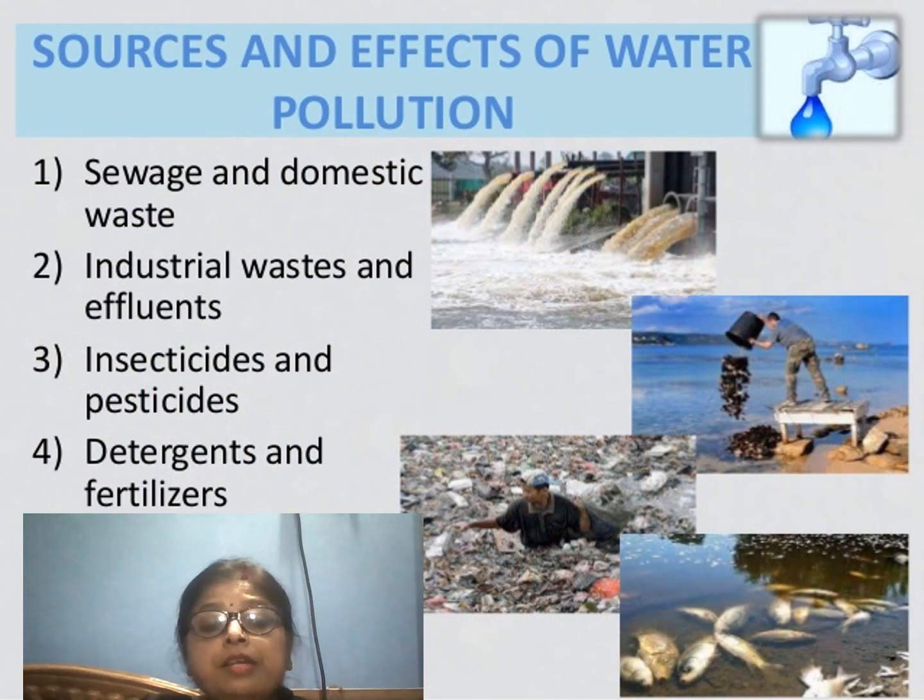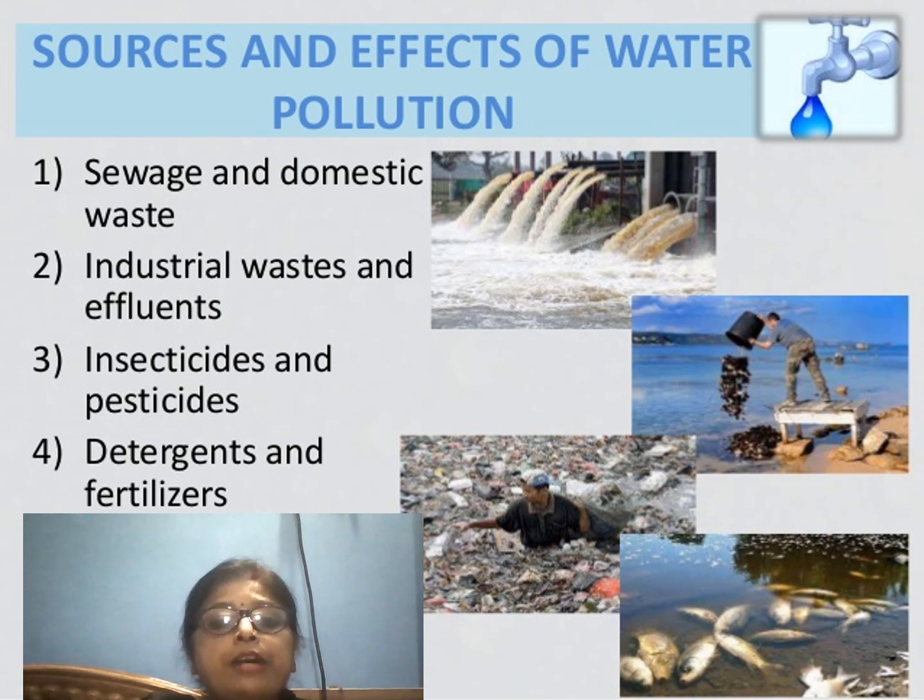Students, these are the slides, pictures of sources and effects of water pollution. With the help of this picture, you can make all the topics easy. Read these topics and draw them. This will make your concept clear.